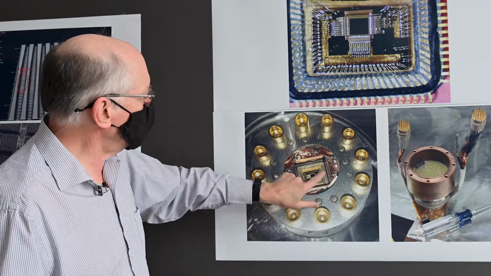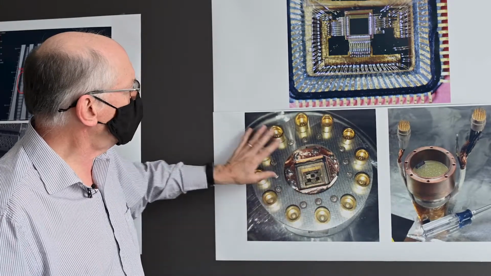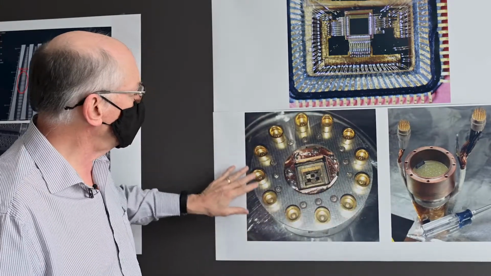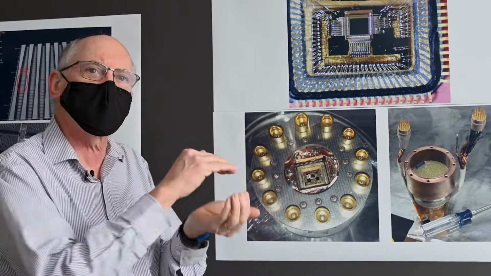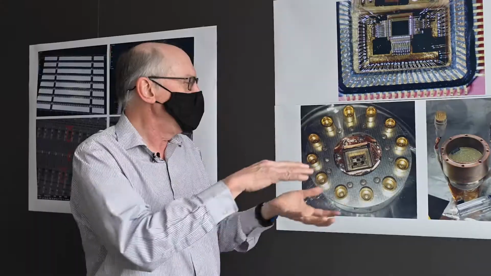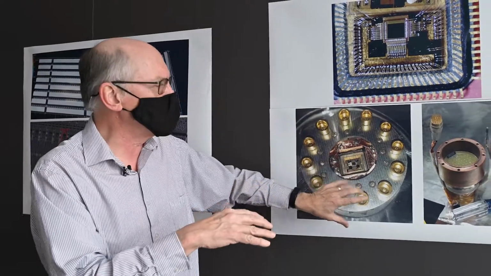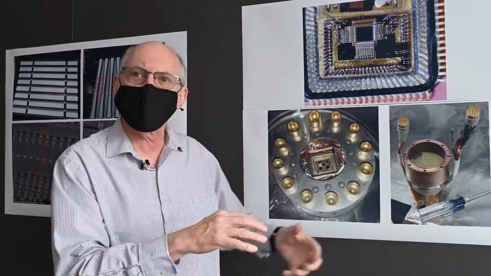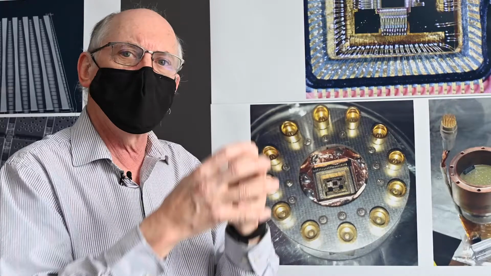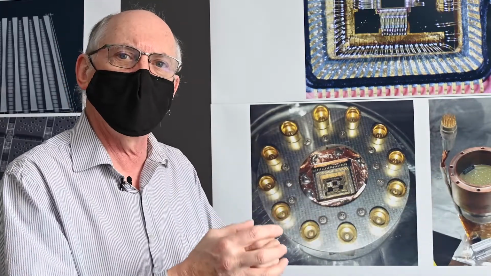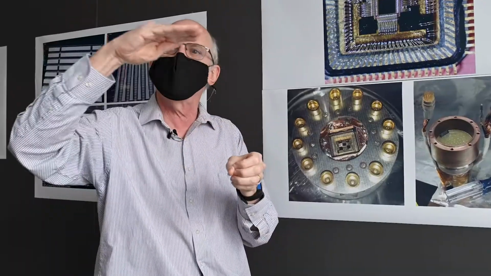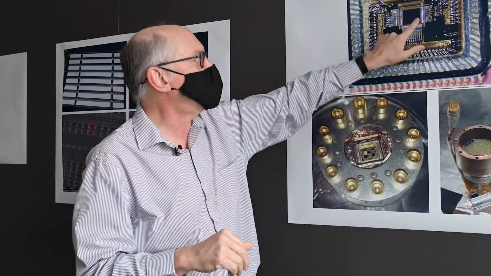So we have this chip down here packaged, and we put on these high-frequency coaxial cables, and then this whole assembly, which has several printed circuit boards that route all the wires appropriately, we put into this copper cell. We then cool it down, make it very cold, and let a little bit of helium in there, and that will give us this thin film of helium coating our device and let us do our experiments.